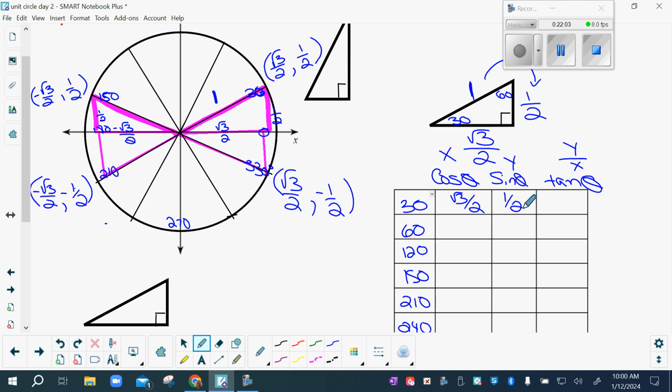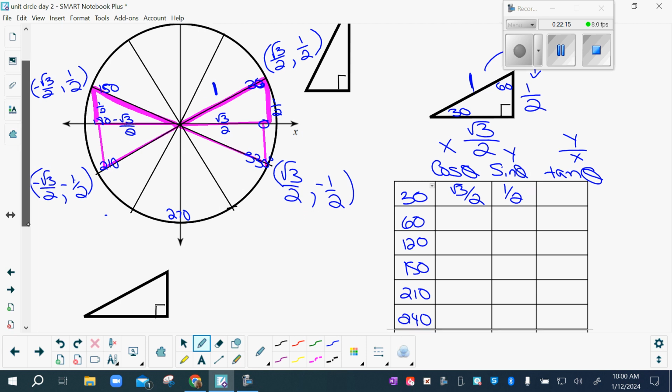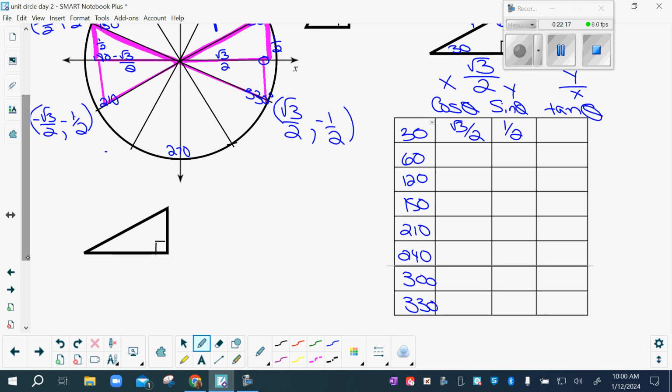Now, tangent's going to be weird. I need everybody to watch tangent. We only have to do this math once, because once we figure it out once, we just use it over and over again. So this one's going to be a little weird. It is 1/2 divided by root 3 over 2. Now here's the deal.